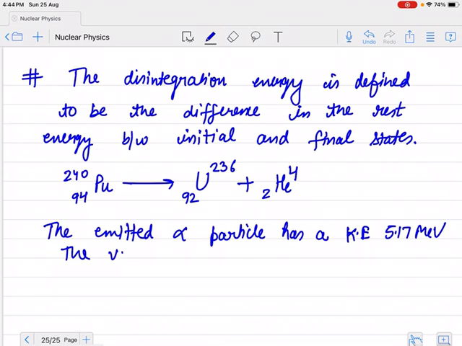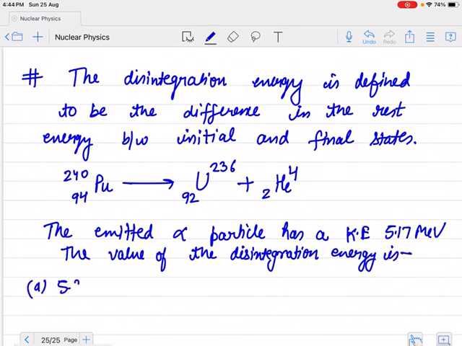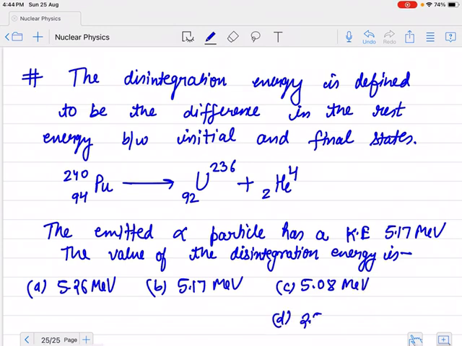The value of the disintegration energy is: option A, 5.26 mega electron volt; option B, 5.17 mega electron volt; option C, 5.08 mega electron volt; option D, 2.59 mega electron volt.